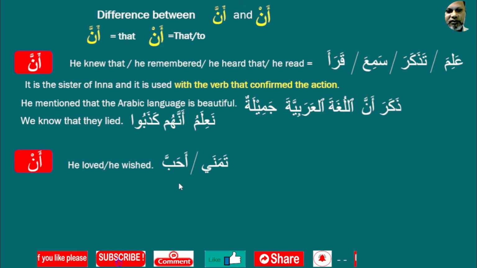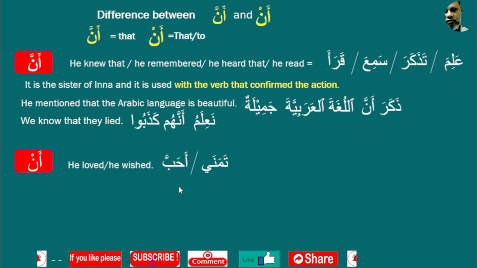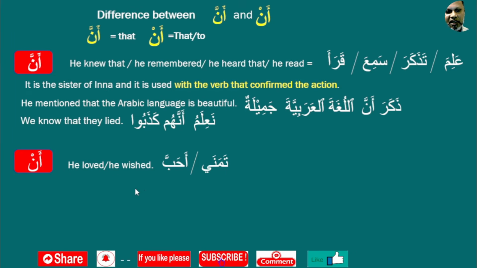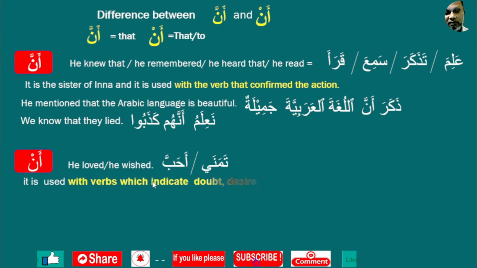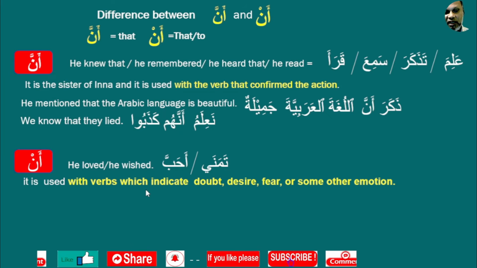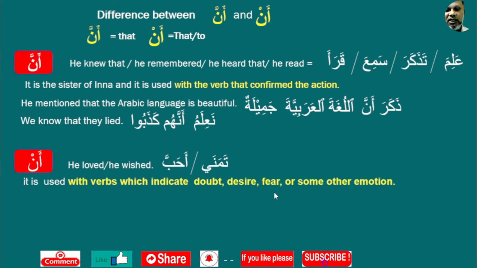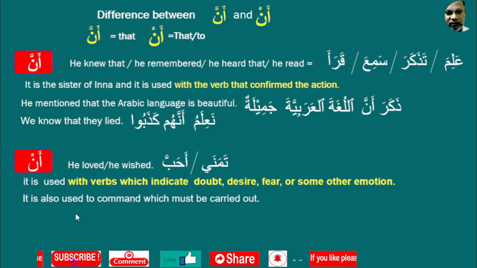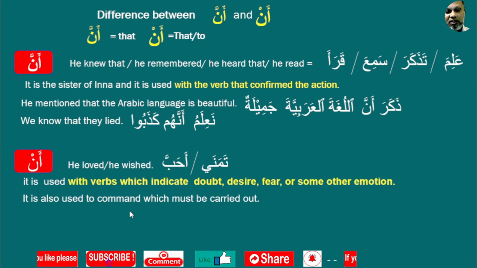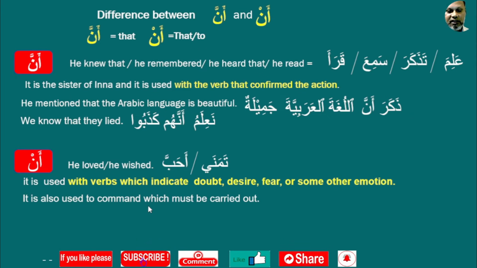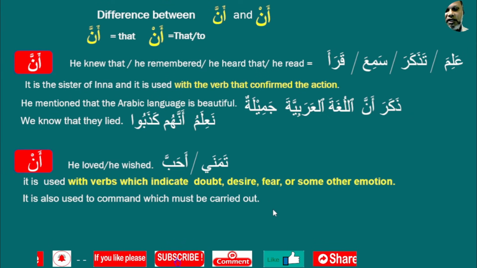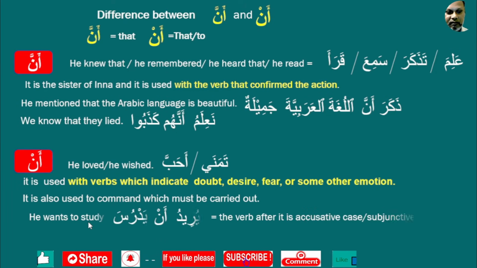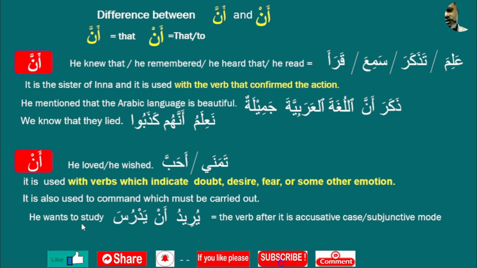But an is used where there is a hope or doubt or desire or wish. Like he loved or he wished. It is used with verbs that indicate doubt, desire, fear, or some other type of emotion. It also can be used to command someone, and in that case, that command must be carried out. Only then can an be used. Like he wants to study.